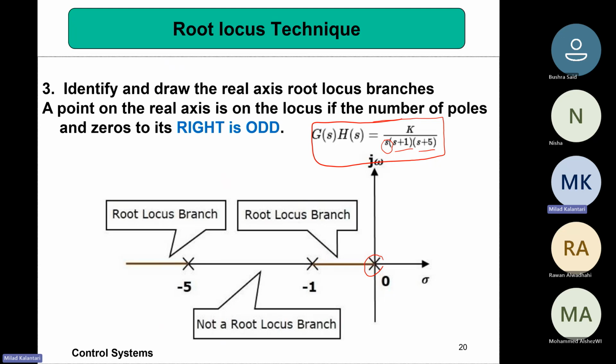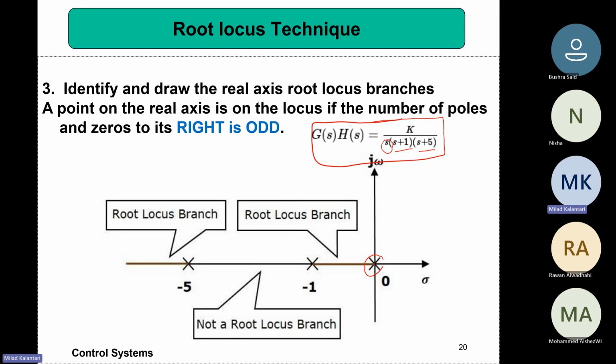So how is the stability performance of the open loop? This is just marginally stable because we have one pole at the origin, which is just at the center of the S-plane, right? If it goes to the right, it will be unstable.